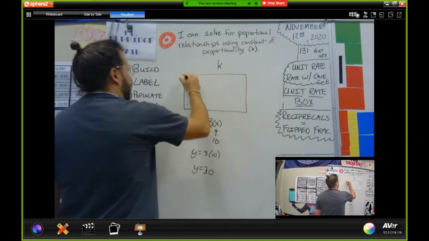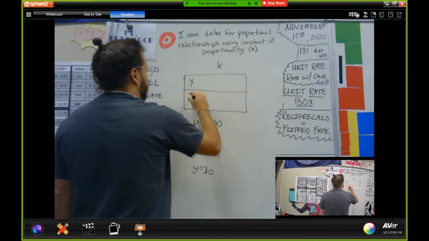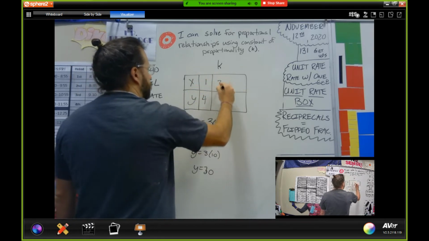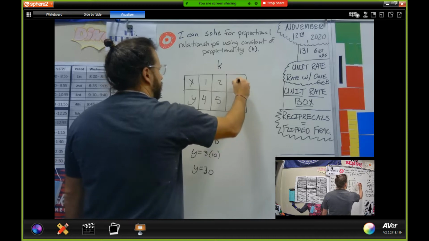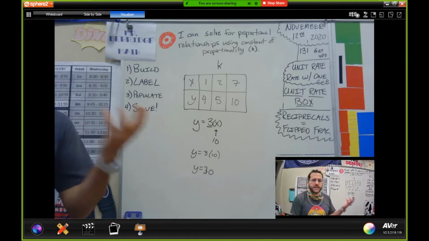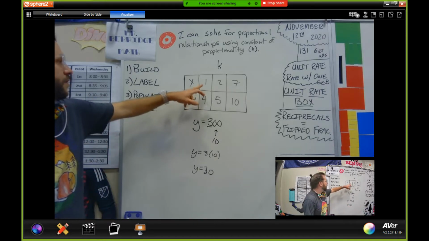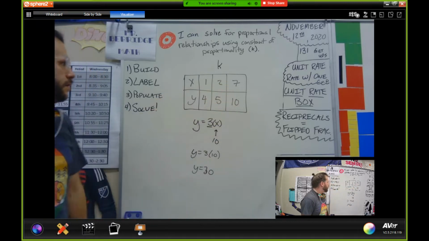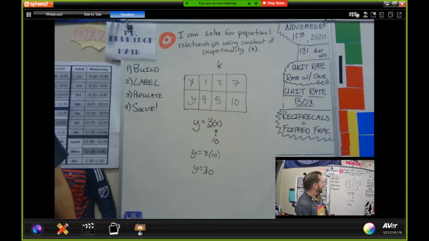So you have something like X and you have Y, and we have 1, 4, 2, 5, 7, 10. And some of you said that yes, it is a proportional relationship because I'm adding 3 to each of these.